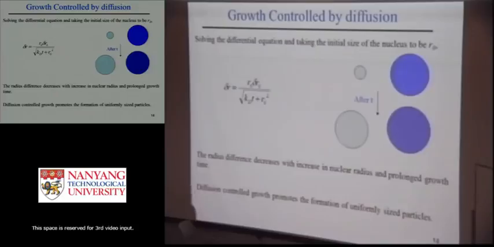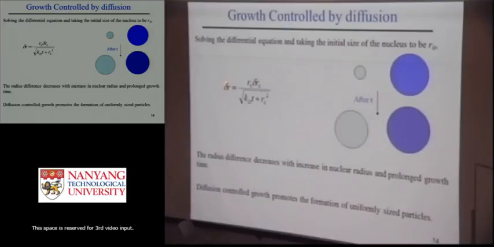This is an answer calculated based on the previous equation. And what is the meaning here? R is the radius of the nuclei. Sorry, it should be the radius of the nanoparticle in the final product.